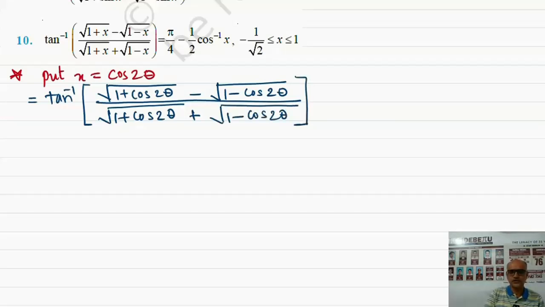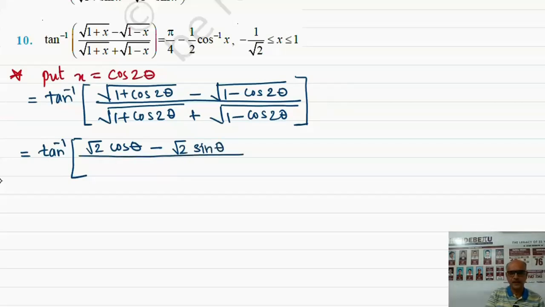Now substitute the formulas. Again you should be perfect in the formulas of first year. If you do not know those formulas, I have made a video on trigonometric formulas of first year. You can go through it, check the playlist. First apply the formula: 1 plus cos 2 theta is 2 cos square theta, so this will be root 2 cos theta. Minus, 1 minus cos 2 theta is 2 sin square theta, so taking the root, this will be root 2 sin theta.